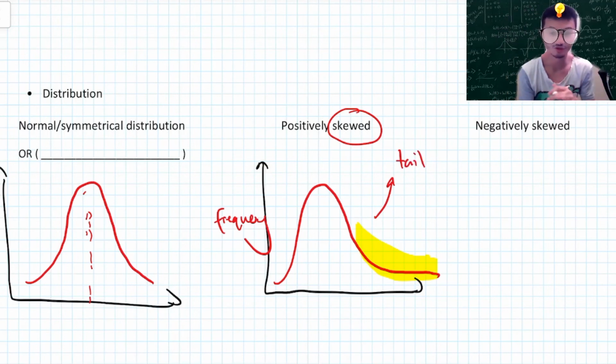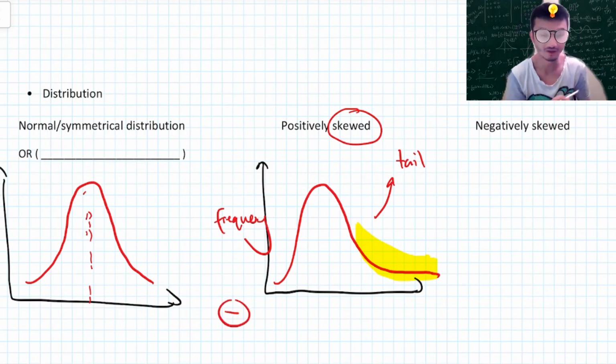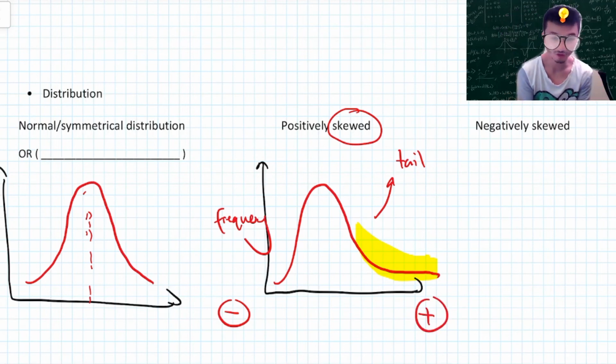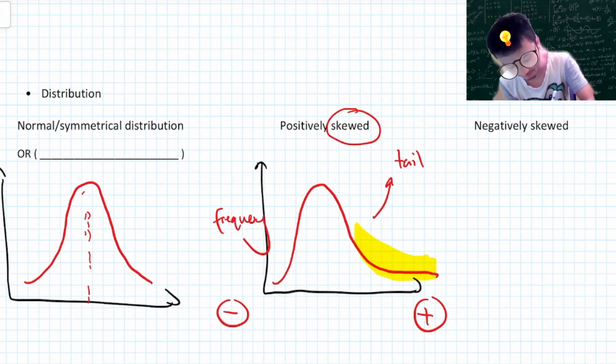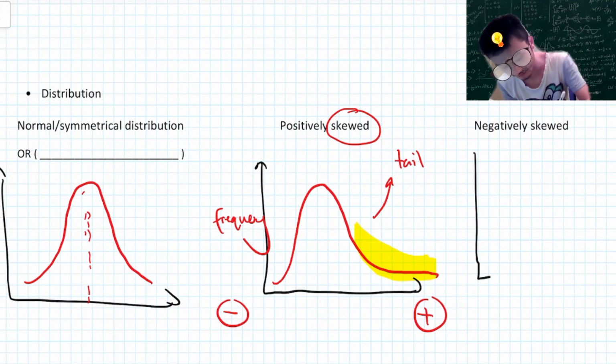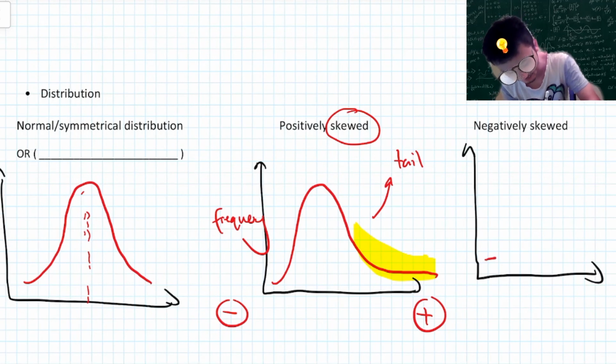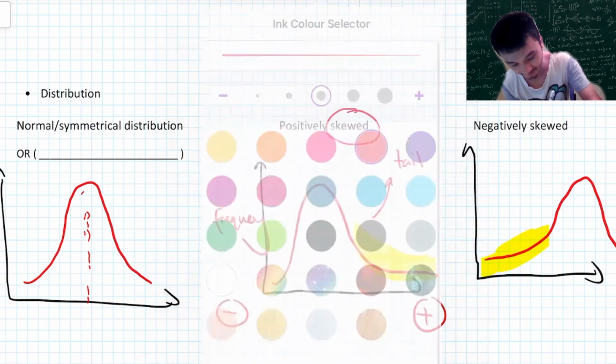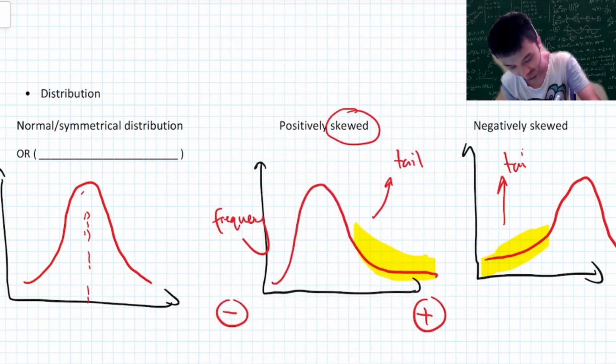Depending on which direction this tail is, that's how we determine our skewness. If you think about your number line, the negative numbers are to the left, the positive numbers are to the right. We call this one positively skewed because the tail is towards the right side. If I'm looking at something that's negatively skewed, it's just going to be the opposite. So if I have something like this, here's your tail, and that's to the negative side now.